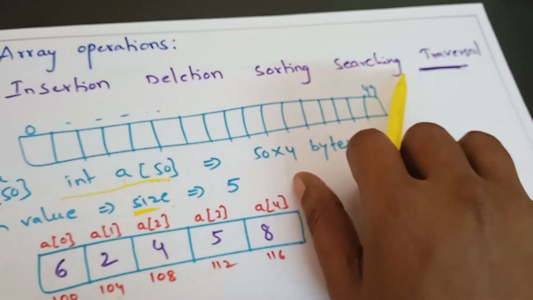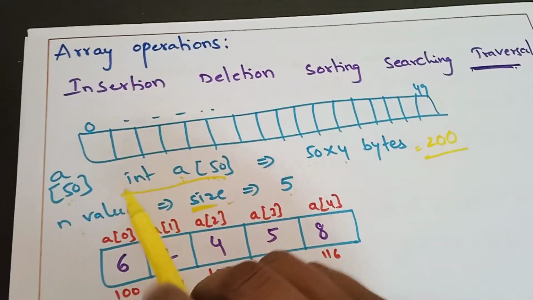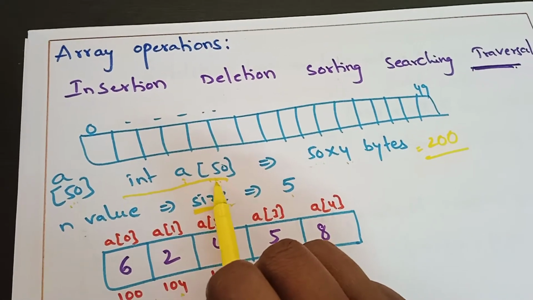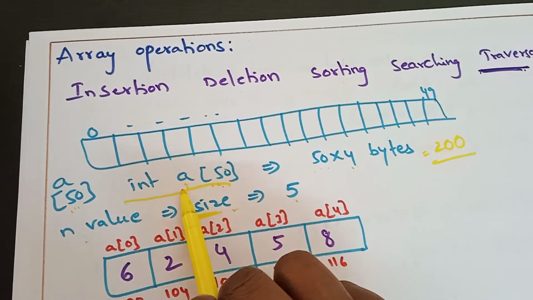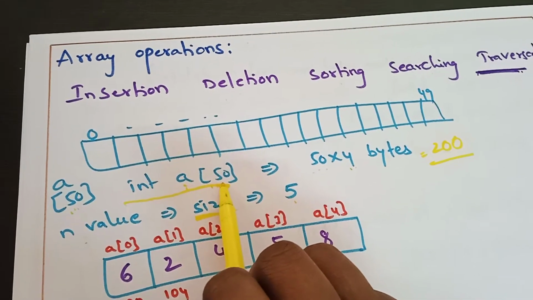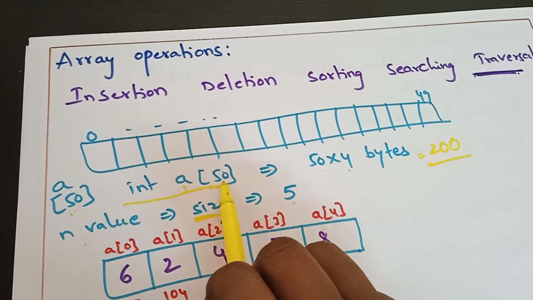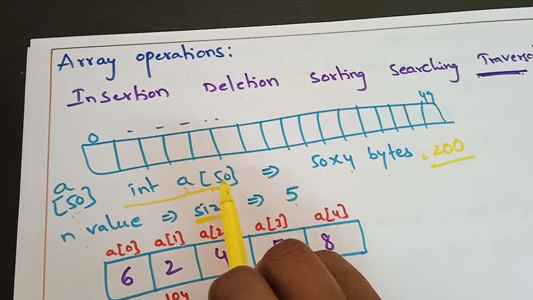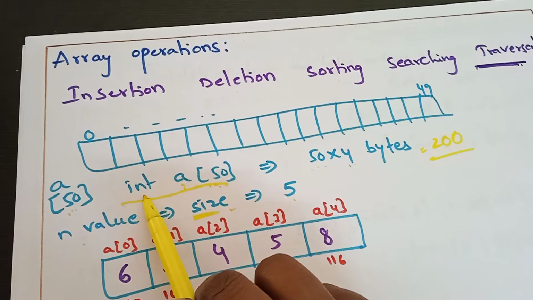Okay, let's see an example. So I have taken int a of 50. Now a is my array name, and 50 is the maximum number of elements that can be placed in this array. All these 50 elements belong to the integer data type.